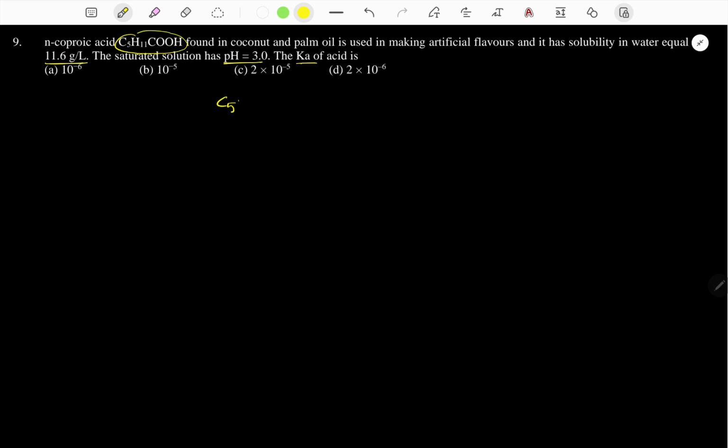So it is simply a monoprotic acid, C5H11COOH. It is a weak acid: C5H11COOH gives C5H11COO minus plus H plus. Concentrations: C, 0, 0, then C minus C alpha, C alpha, C alpha.